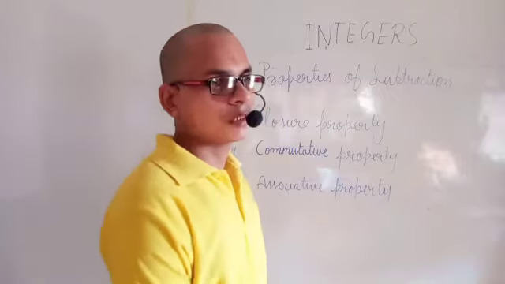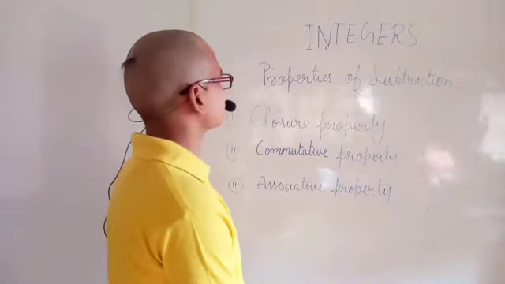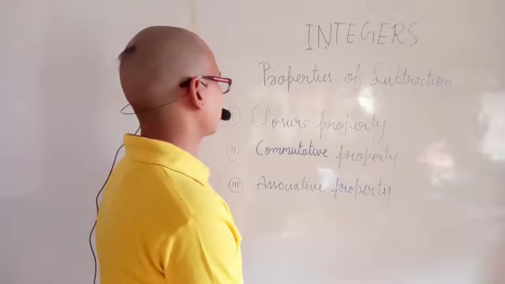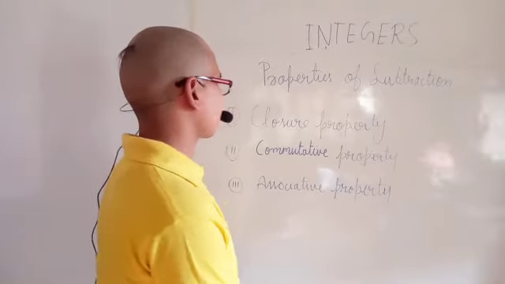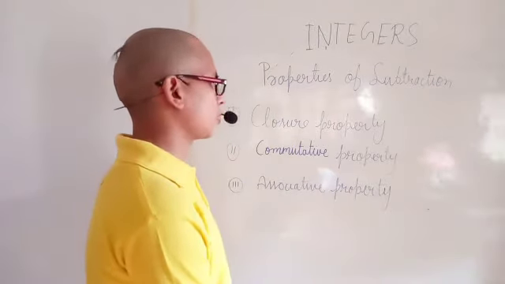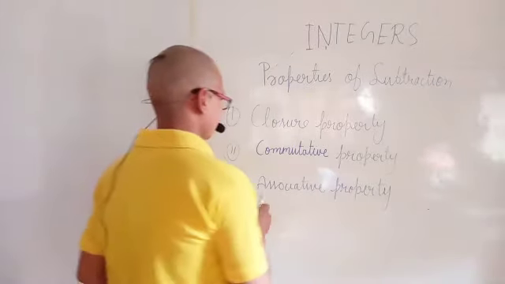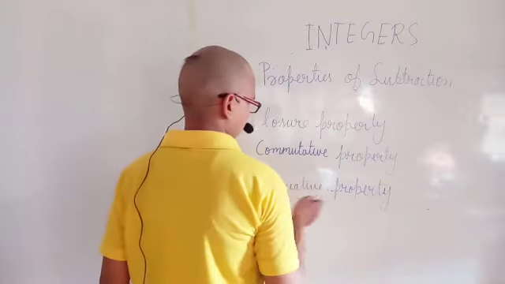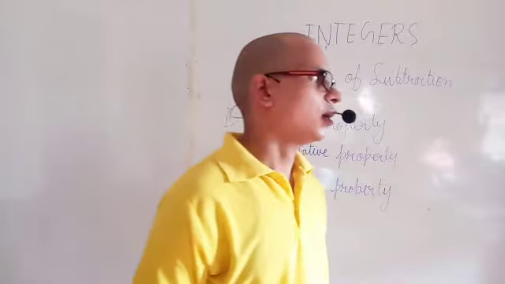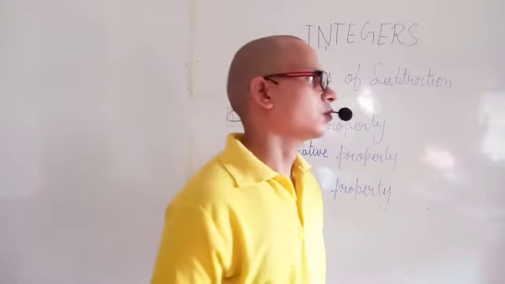In the previous video we saw the properties of addition. We discussed the closure property, the commutative property, the associative property, and additive inverse and additive identities.